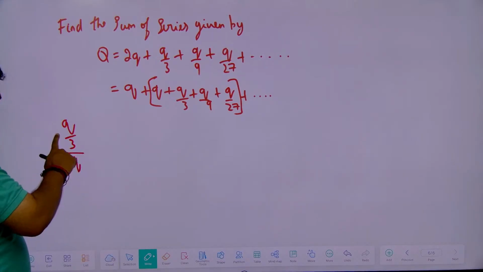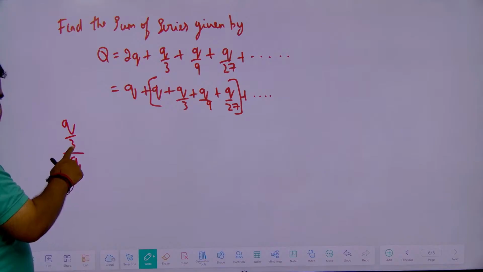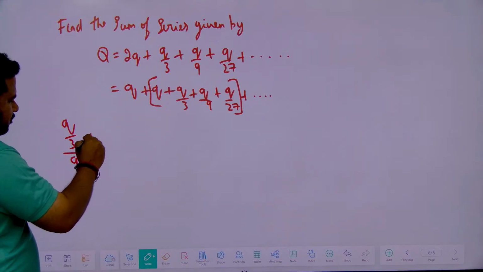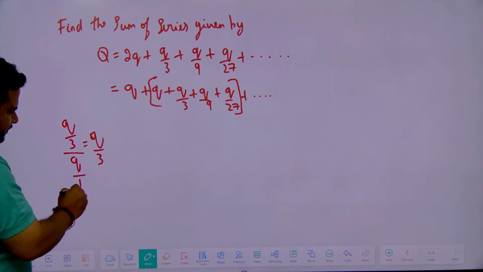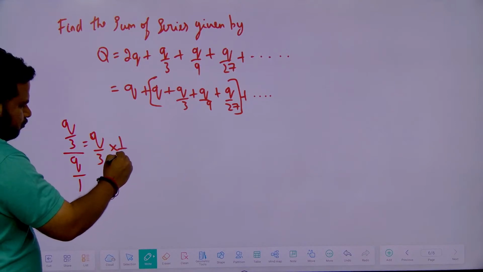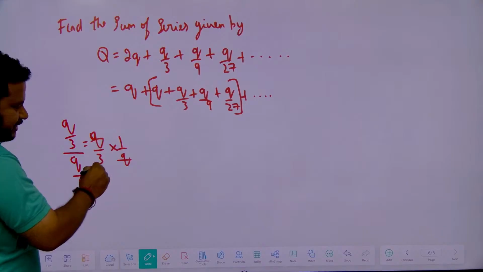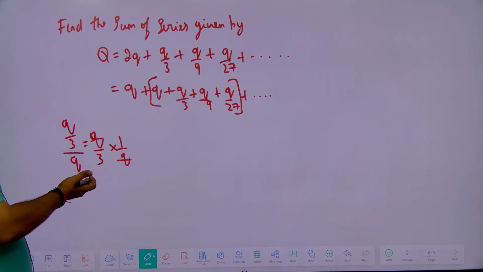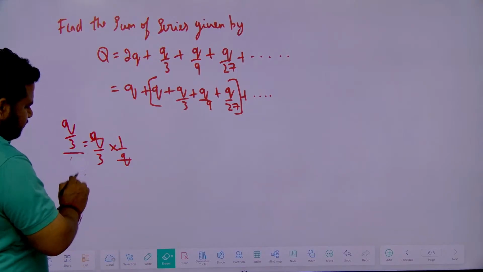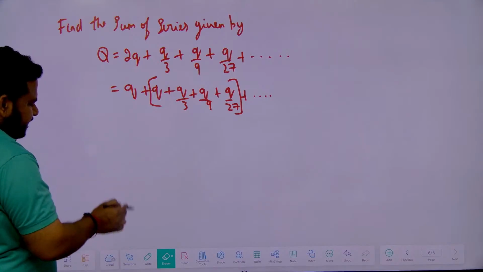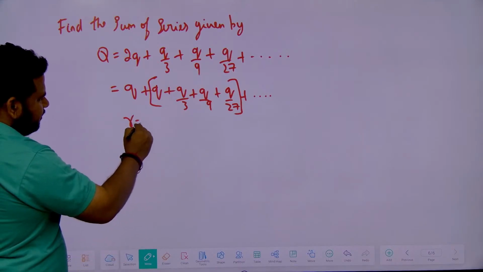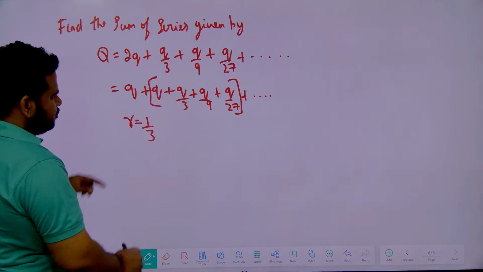This Q will come down. So this will become Q by 3 times 1 by Q. What happens? Q cancels. I'll get 1 by 3. This is the common ratio. R we got as 1 by 3.